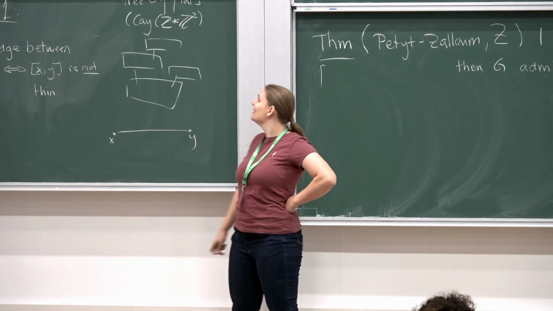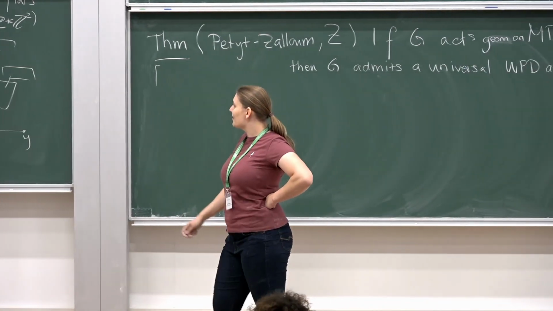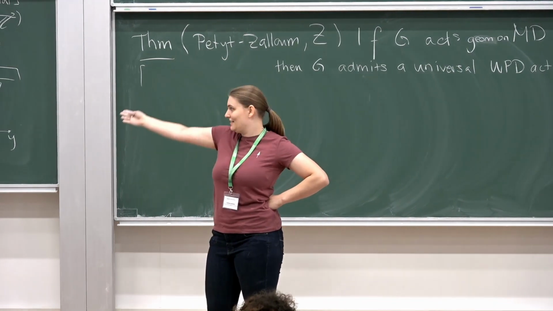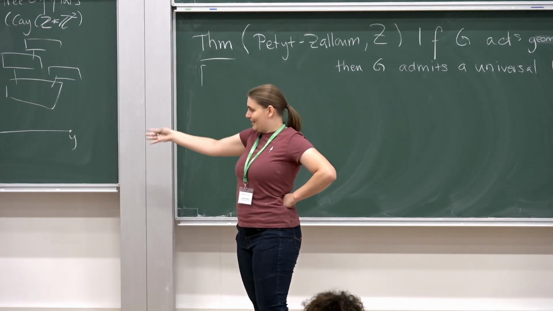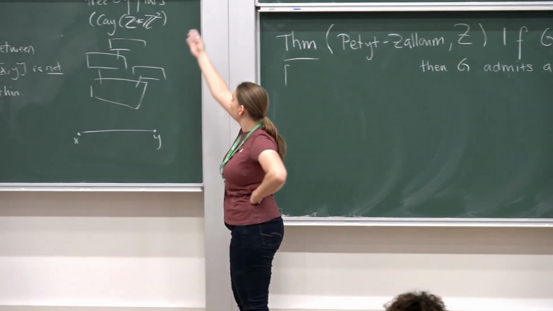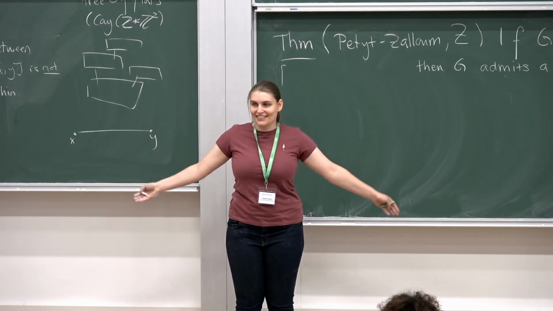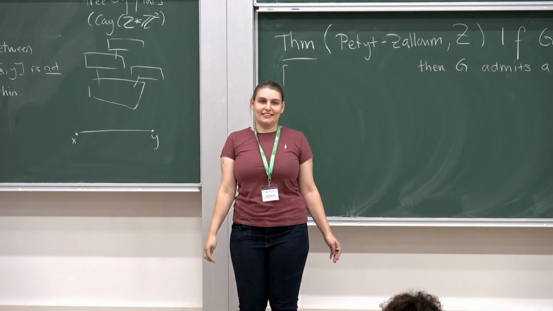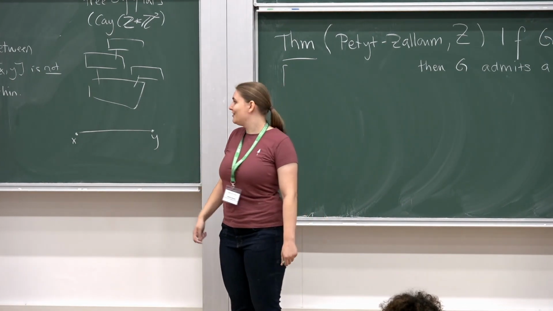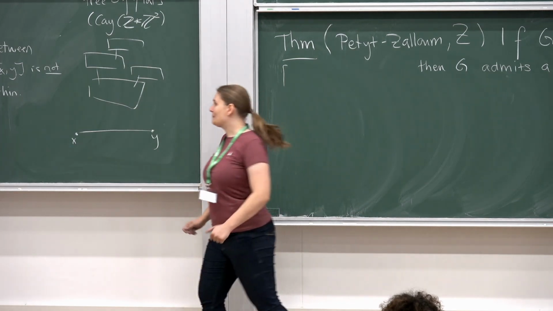No. This is really for all R, and this is also why this definition gives you problems immediately, because if you just take R to be the length of our geodesic, then everything is thin, and we didn't do anything, we don't get a hyperbolic space.